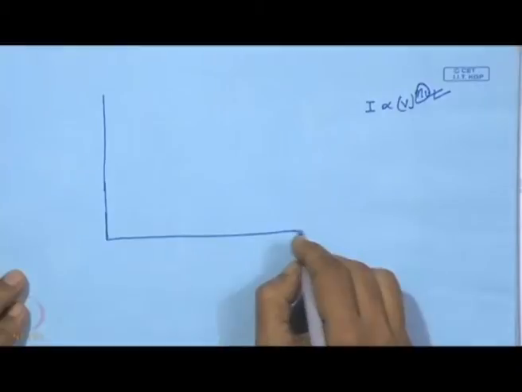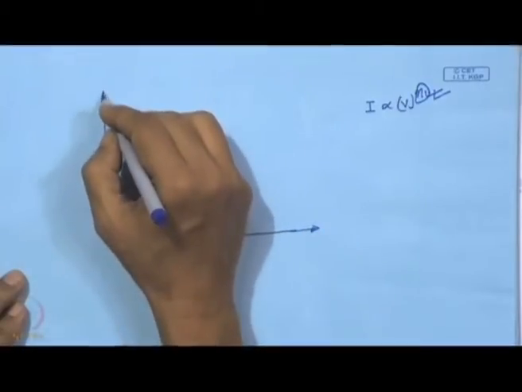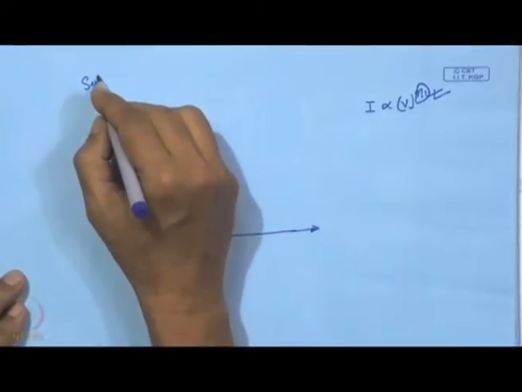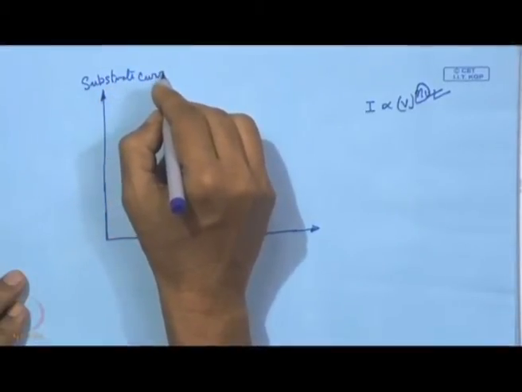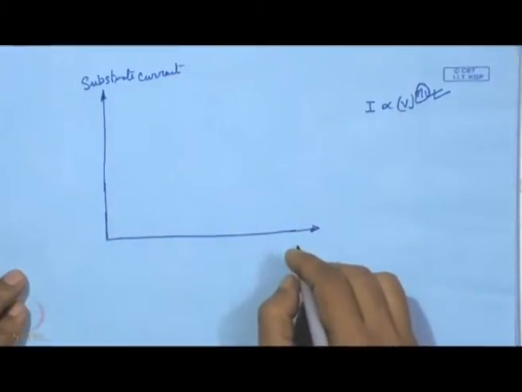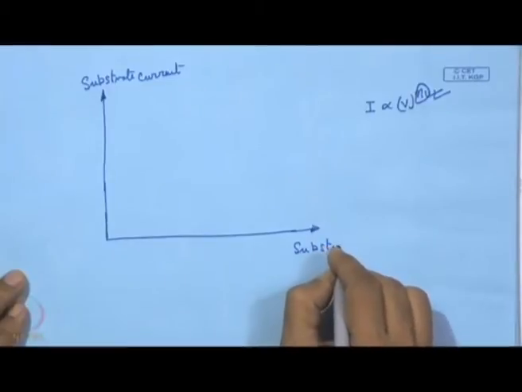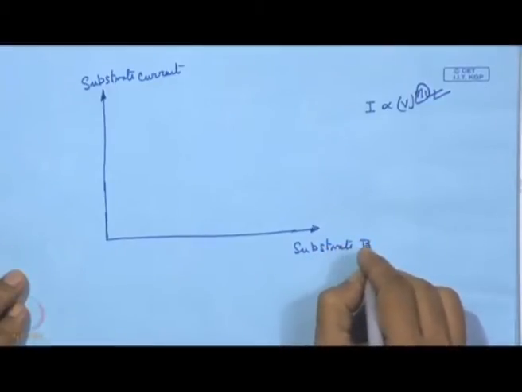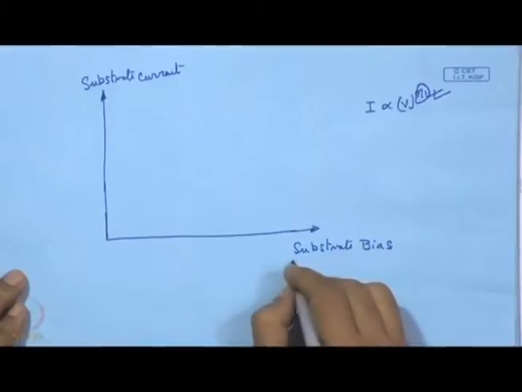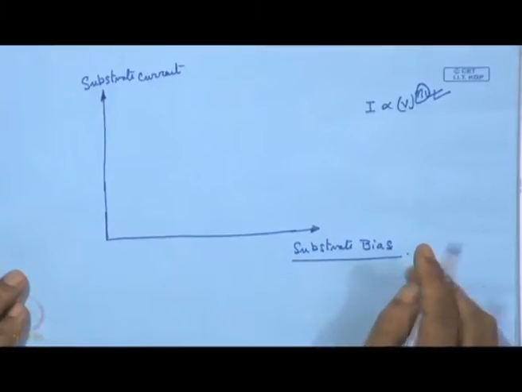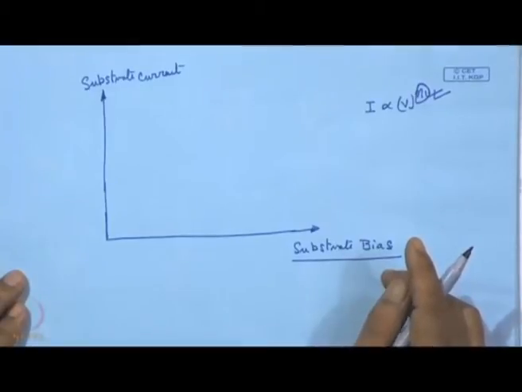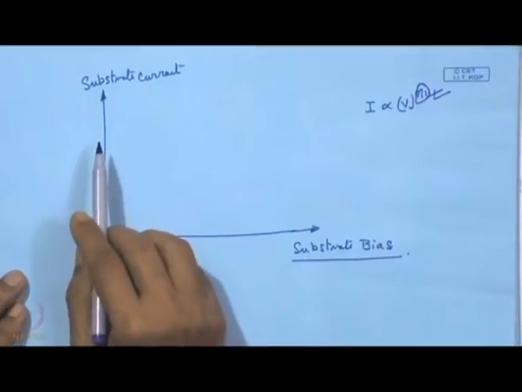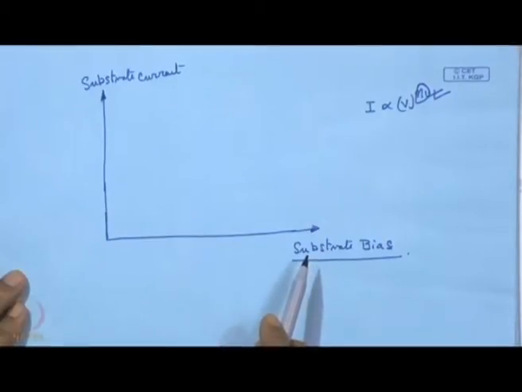But here what we measure is the substrate current, and here it is the substrate bias. So, one would expect a high substrate current with a low substrate bias.